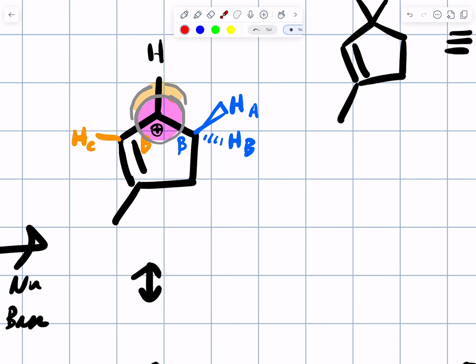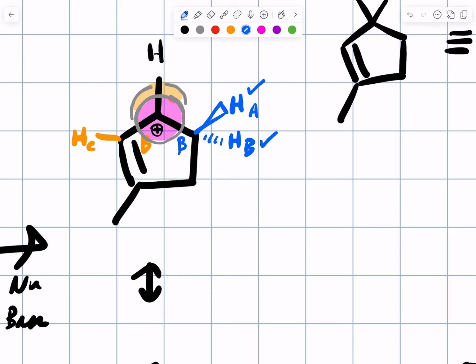Now, HA, which is a wedge, can line up with the pink lobe of the p orbital, so it can participate in hyperconjugation. And HB, below the plane of the page, can line up with the orange lobe of the empty p orbital, so it can participate in hyperconjugation. In other words, we expect both HA and HB to be reactive in an E1 reaction.